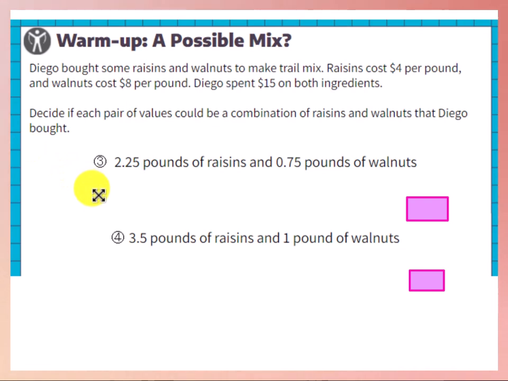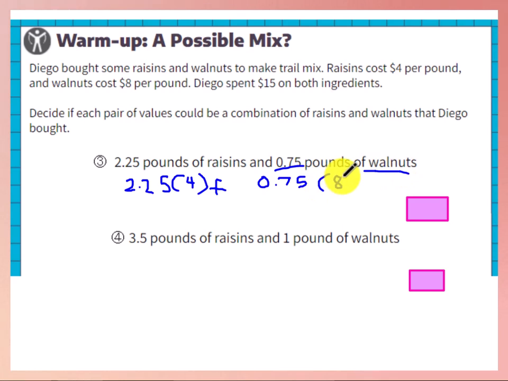All right, let's try it again. We're going to try 2 more sets. 2.25 pounds of raisins times X, and raisins cost, I'm doing this wrong, I substituted an X already, so raisins cost $4 per pound plus 0.75, and the cost of walnuts is $8.